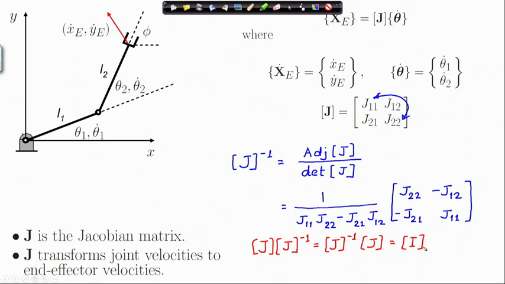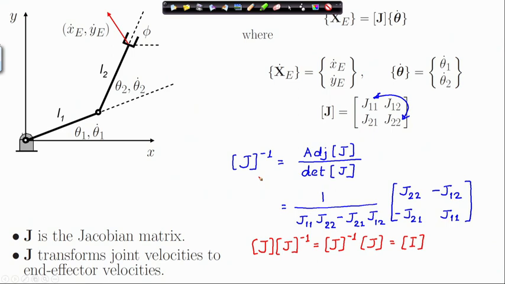So, this is the identity matrix. This you can check very easily. Then this j inverse is correct. So, we have looked at the inversion of the Jacobian.